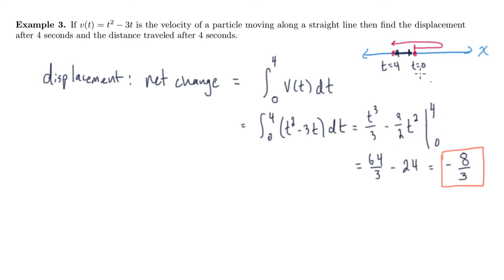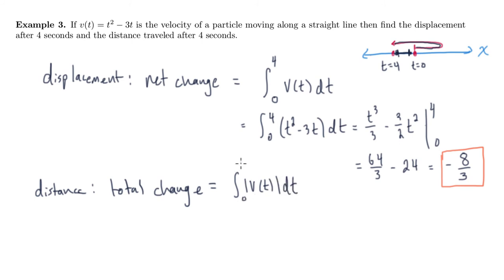Now the distance is going to be this whole length here: how much I went forward plus how much I went back. I'm going to find that by finding the total change. To find the total change, I need to integrate the absolute value of the velocity.